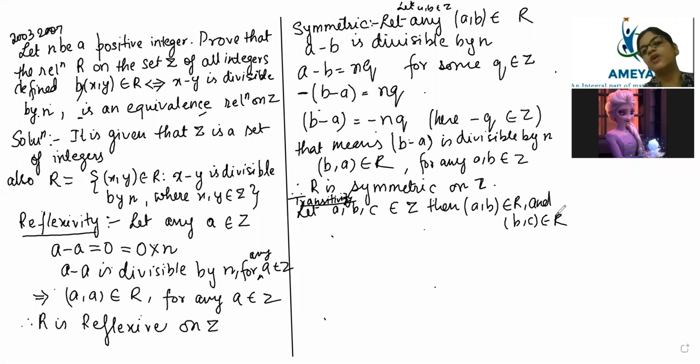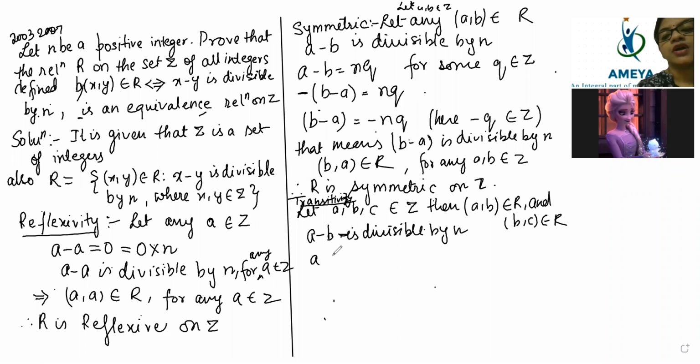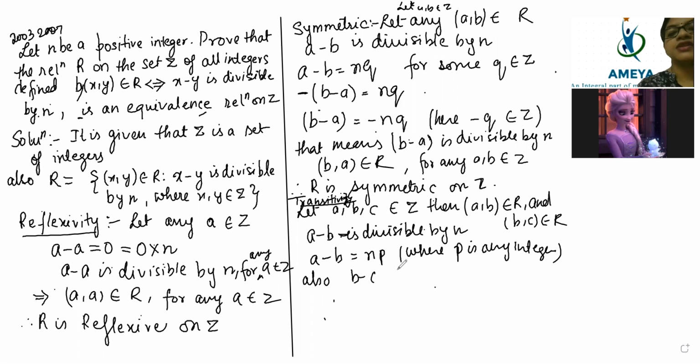So what you will be writing there? That means A minus B is divisible by N. So A minus B is equal to NP, where P is any integer. Also, B minus C is divisible by N.